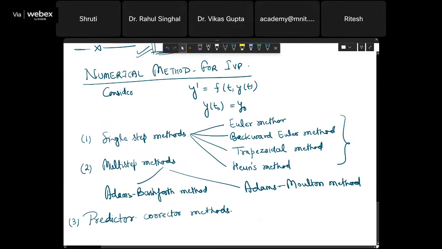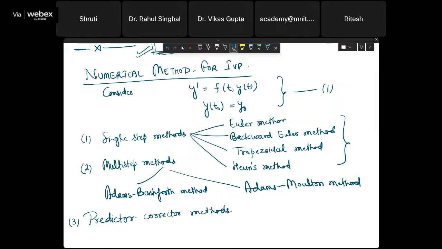So to start with numerical method of this problem, we denote it by equation number 1. First, let's assume that the function f and its derivative with respect to y both are continuous on some domain, say S, which contains the initial point (t0, y0).